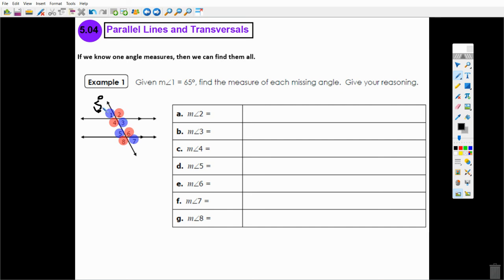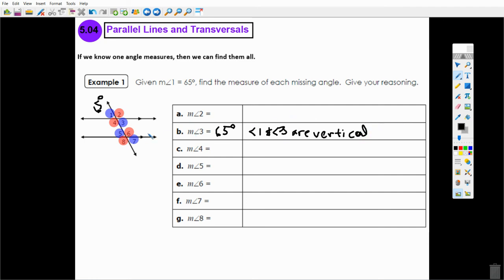First of all, angle 3 is 65 degrees. And I would ask, why is it 65? And we would say, because angle 1 and angle 3 are vertical. That is my reasoning.